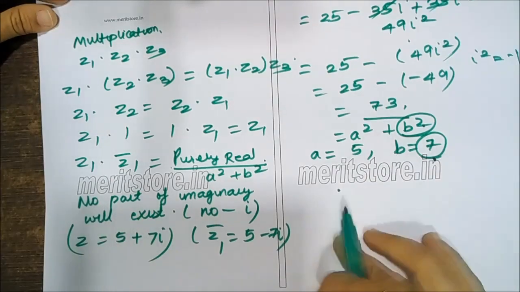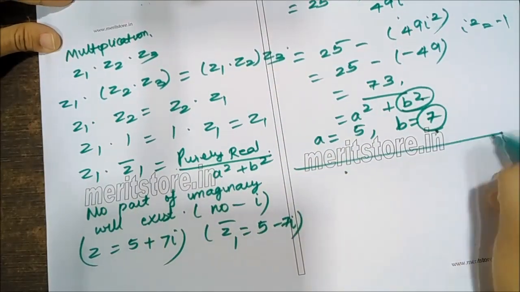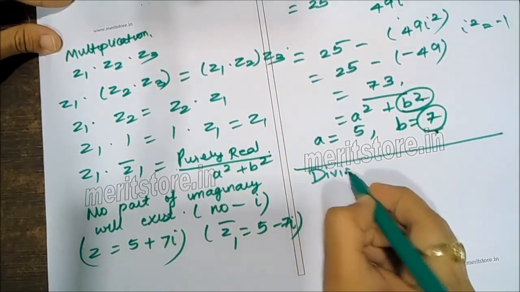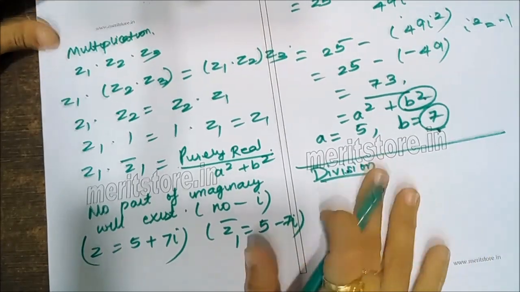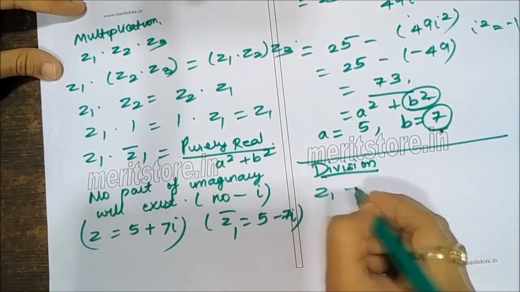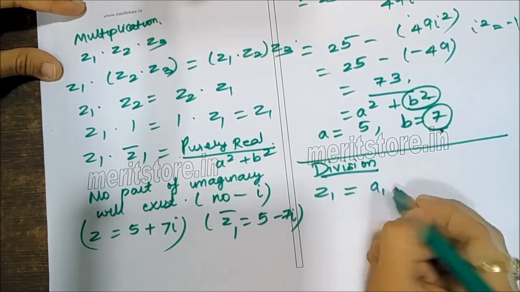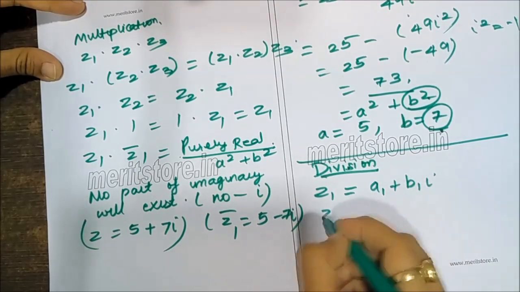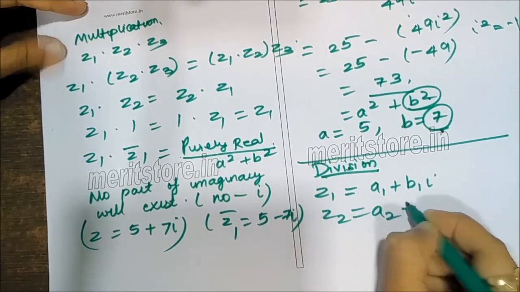Next we are starting with division. Z1 is A1 plus B1i. Z2 is A2 plus B2i.